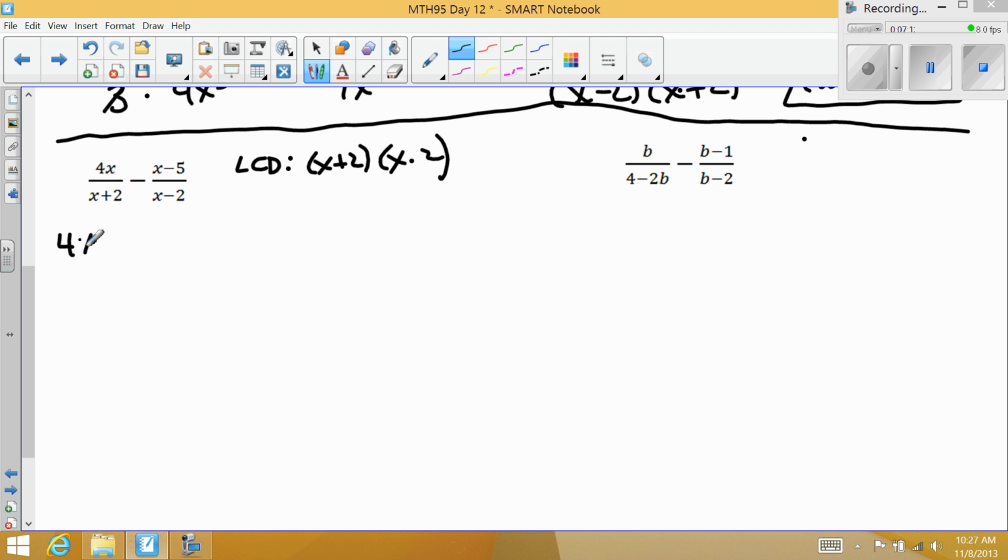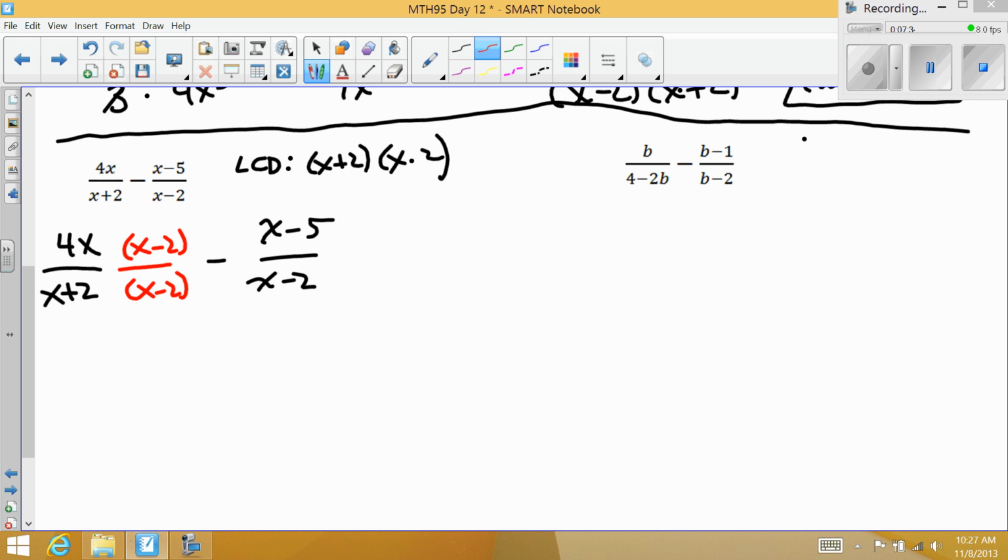So when I set these up to do the addition, I'll need to multiply this one by x subtract 2 over x subtract 2. And I'll have to be careful with subtraction. Very easy to lose a sign in there. And then my missing factor on this one is x plus 2.